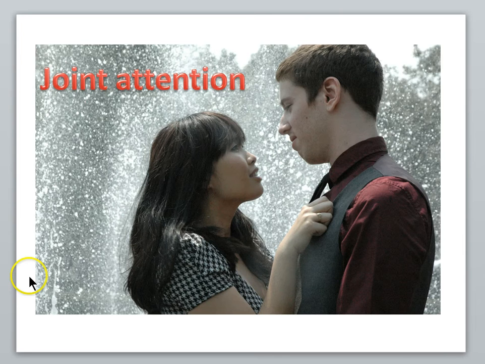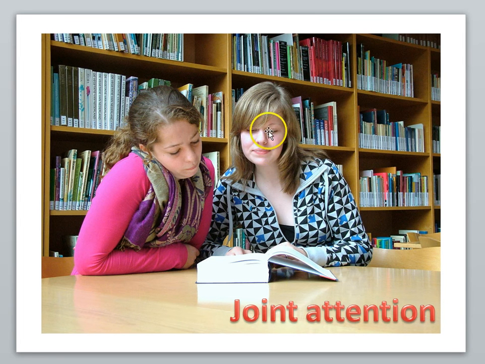When people are looking into each other's eyes, this would be an example of what's called joint attention, although joint attention is most often associated with an educational context. So for example, when teacher and learner check each other's attention so as to make sure they're focusing on the same object.